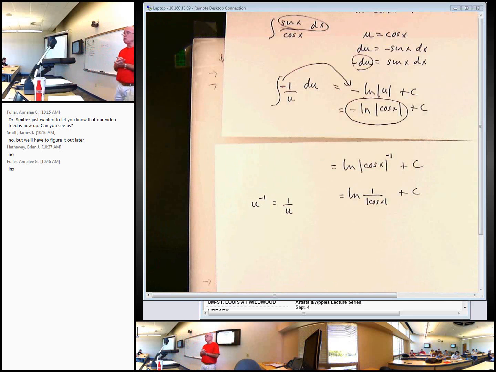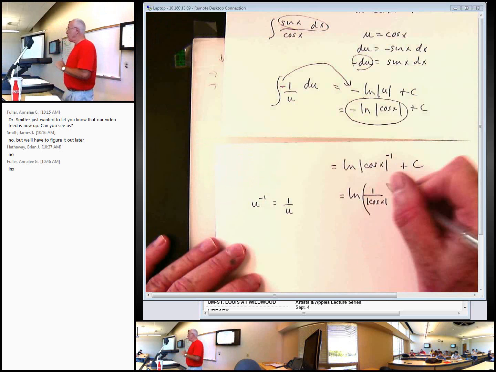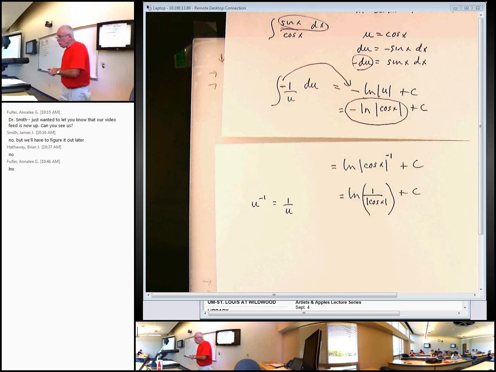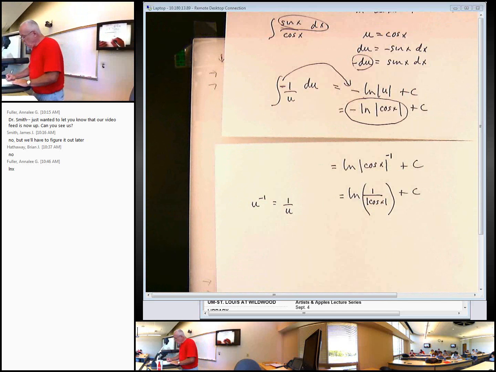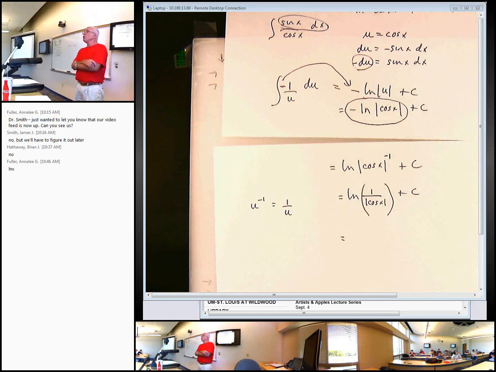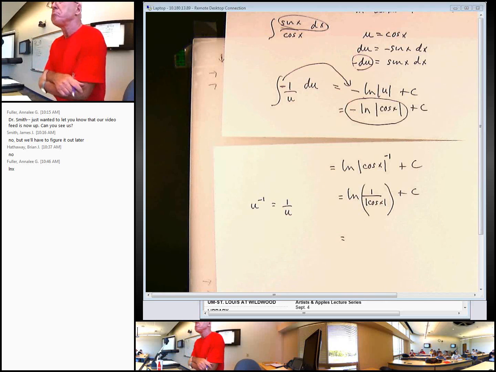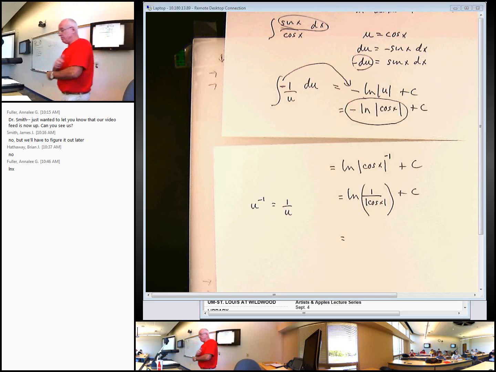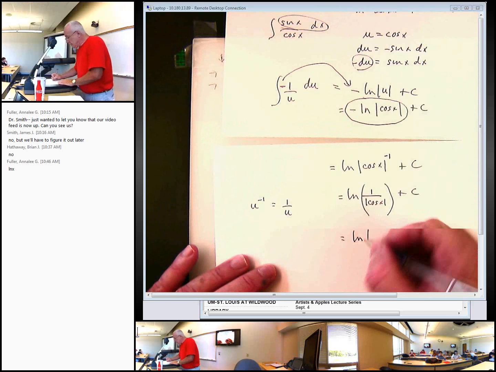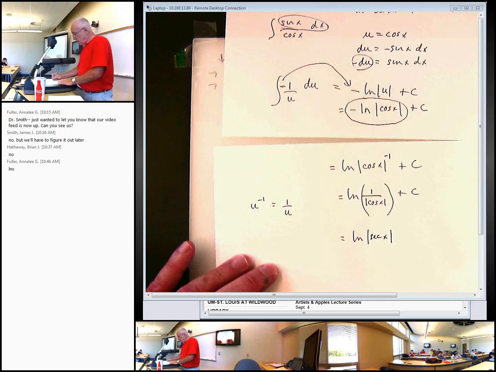Okay, just using rules of exponents there. And so this is now what we're taking the natural log of. So, does anyone remember what trig function is the reciprocal, what 1 over the cosine equals as far as trig functions are concerned? The secant, right. So this can also then be written, finally, as the natural log of the absolute value of the secant of x plus capital C.